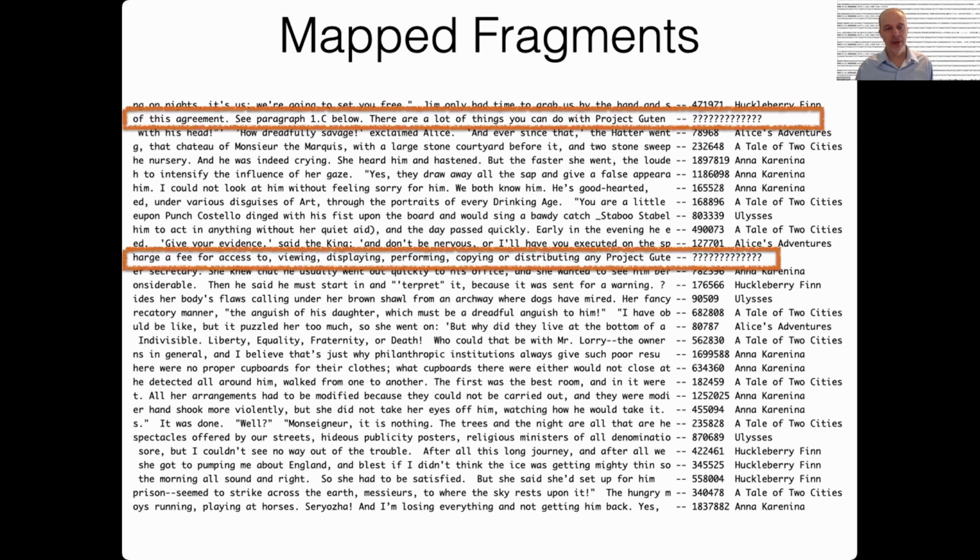So you can freely download books from Project Gutenberg. It's a really nice resource. And at the beginning of each file, they have a legal statement about the copyright status of the book. And so when I generated this example, I accidentally pulled out two fragments with the copyright text.